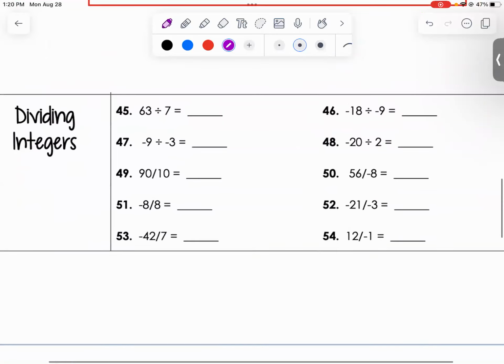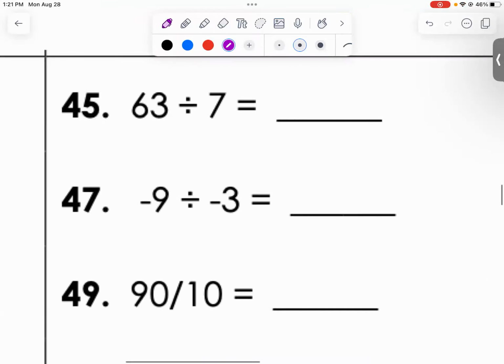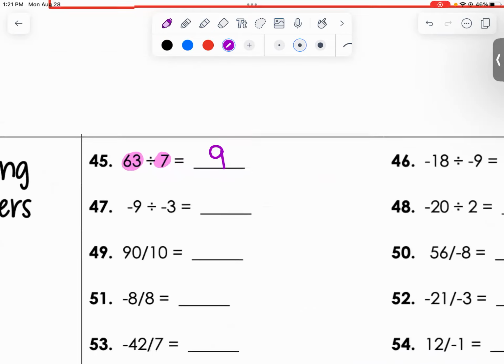Okay. When we have division problems, we are going to follow the same rules. If we have two numbers that have the same sign, like right here, 63 divided by 7, that's going to get us a +9.